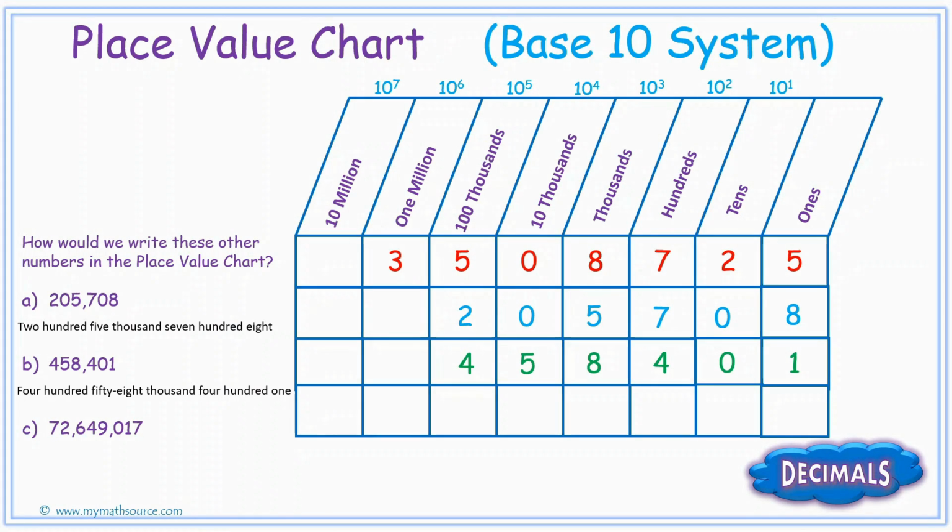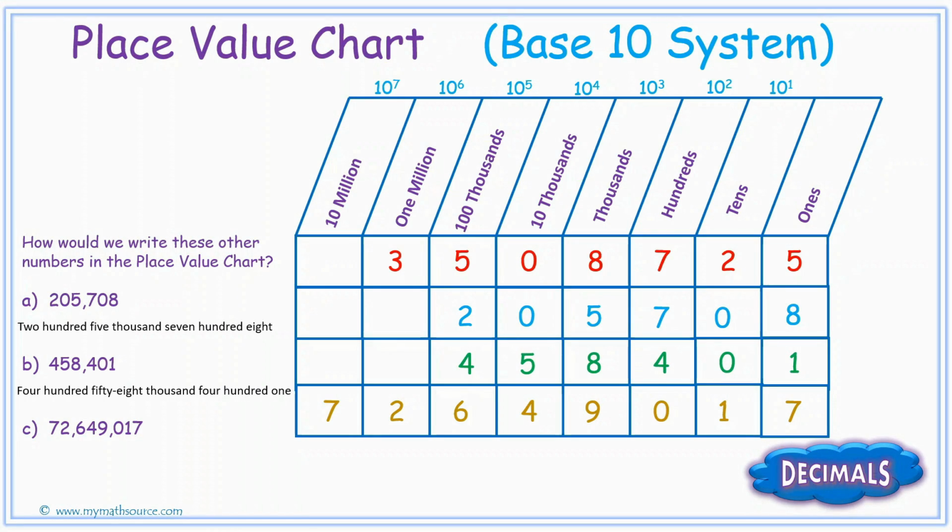The last number that we have there, notice that the 7 will be in the 10 millions position. 2 is in the 1 millionth position. So because they both end with million, we say them together as simply 72 million. 6 is in the 100,000s position. 4 is in the 10,000s position. 9 is in the thousands, so we say them all together as well as 649,000. 0 is in the 100s. 1 is in the tens place, and 7 is in the ones position.